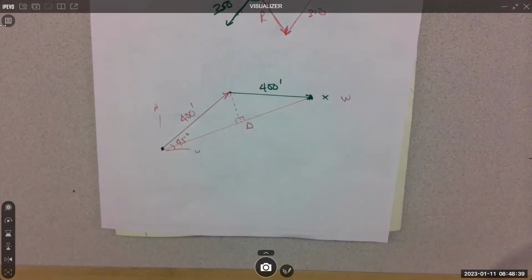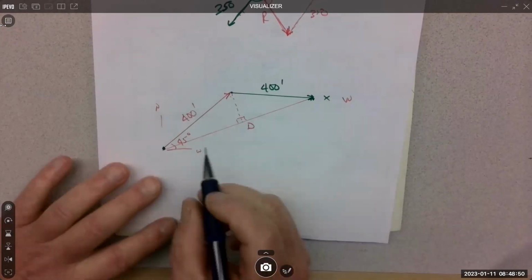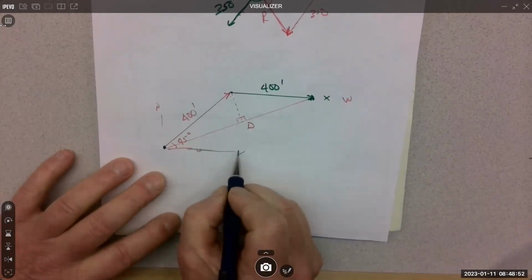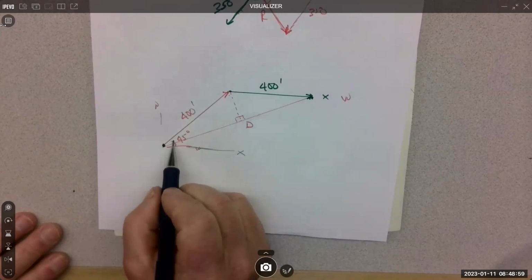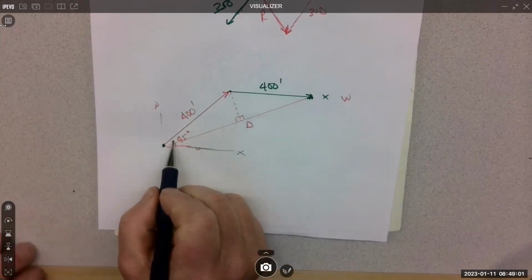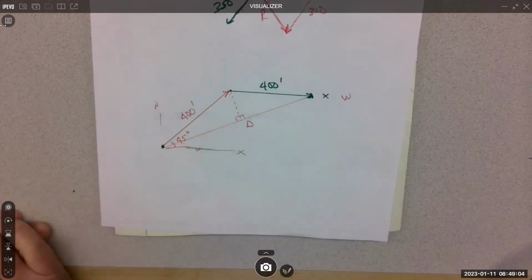Do we have enough information? I don't know if we do. Maybe we do. The 45 is down here at the x-axis, right? It's not inside this triangle. Keep thinking though.